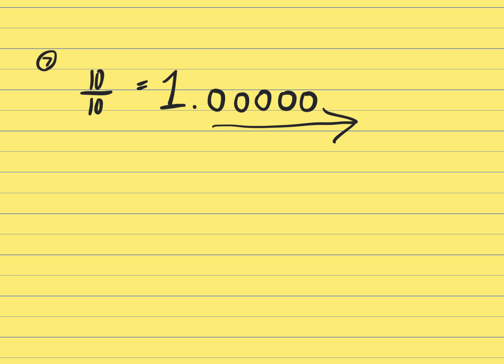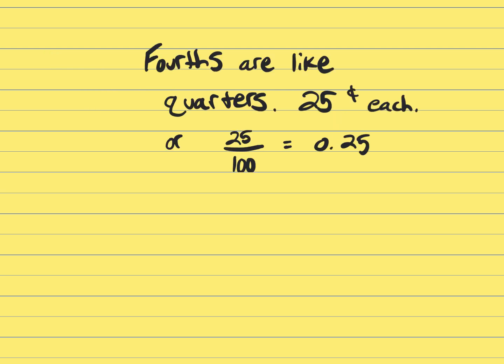Well, what about another type of fraction? What about fourths? Okay, so fourths are like quarters. Think about money. They're 25 cents each. Or as a fraction, that'd be 25 out of 100, because you know that 100 cents equals 1 whole dollar.